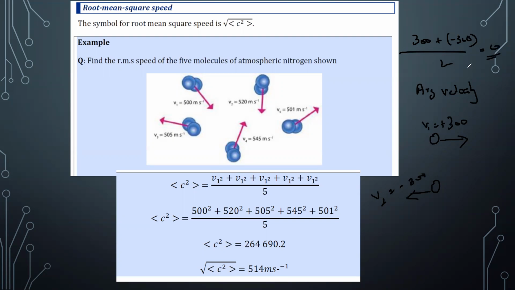So when we try to take an average velocity, we cannot get the correct answer, because if the average velocity is 0, it means it should be 0 Kelvin. But it is not 0 Kelvin. The particles are moving. So to overcome this constraint, we normally calculate the root mean square speed.